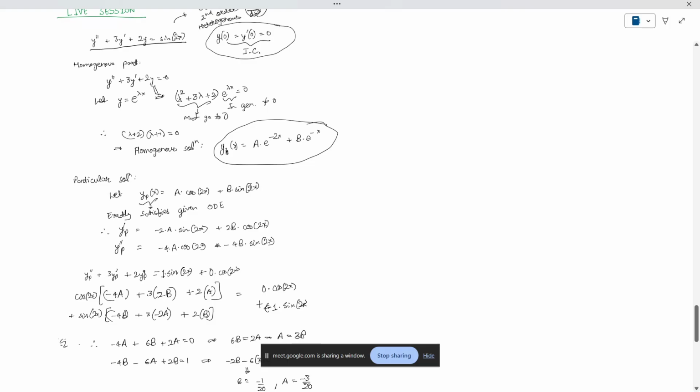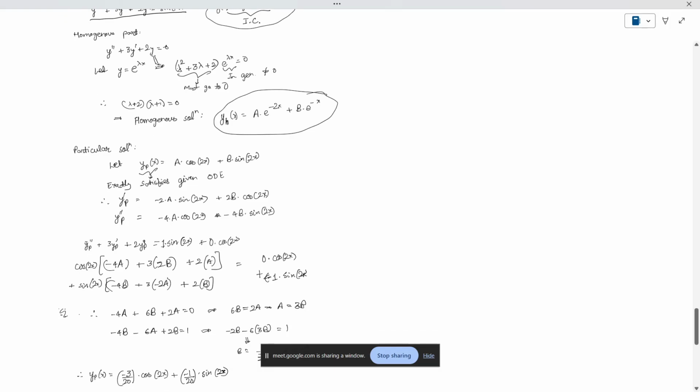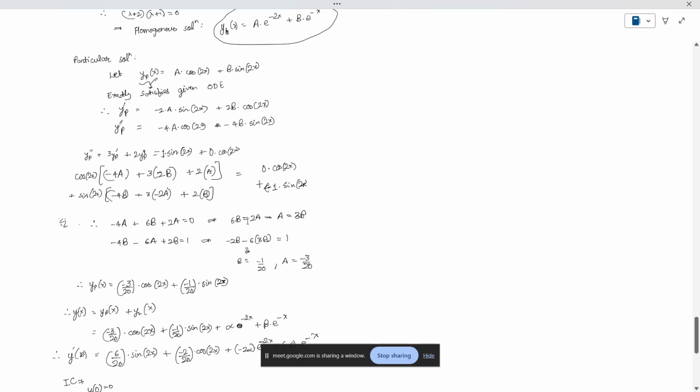Once you assume this as your particular solution yp of x, you evaluate all your first and second derivatives and plug this into the given ODE, and then we separate the terms with coefficients of sine of 2x and cos of 2x, because they will vary independently and both of them will not be zero at the same point. You do not have a point where sine and cos both simultaneously go to zero.